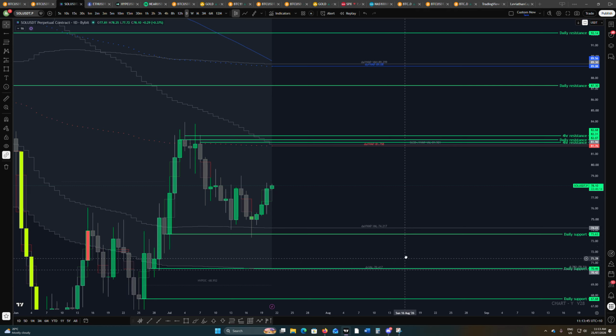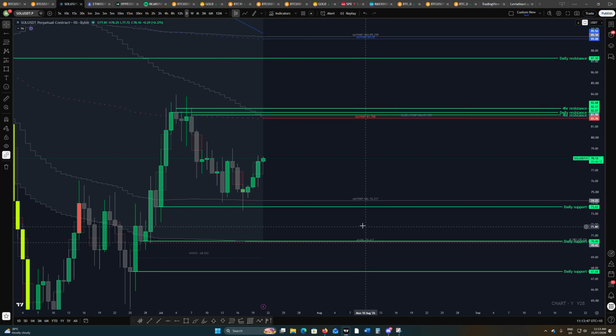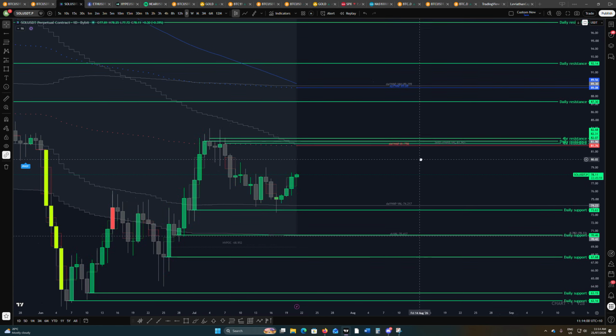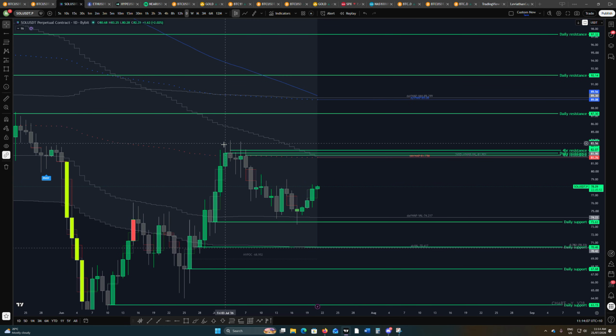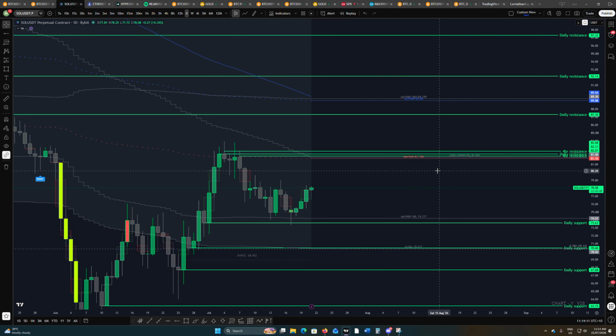Obviously, if you get a long entry on the inside break here, I would take it for a retest of developing yearly VAL. But we'll see about that. It would be either the area in which I would want to see, obviously because there's stacked liquidity in here as well, would probably be around here.